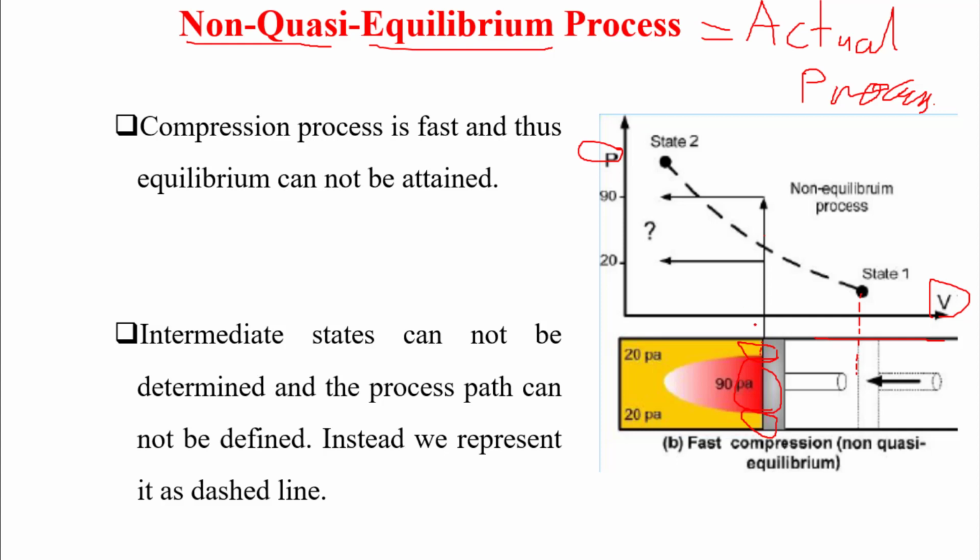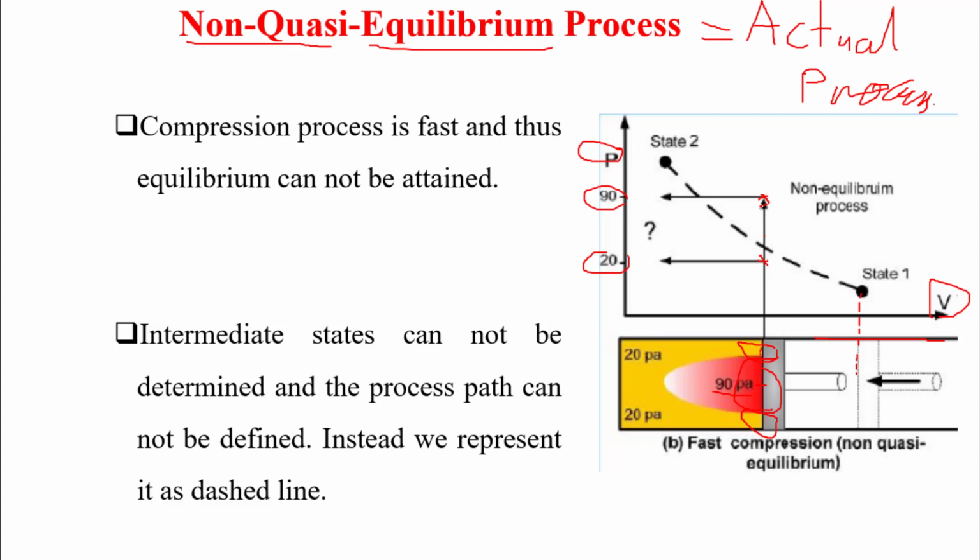If we wish to put a point on the P-V diagram, here this yellow color means 20 Pascal, and here the red color is almost 90 at the middle, because the color is not the same along this line. So the pressure along the piston ranges from 90 to 20.